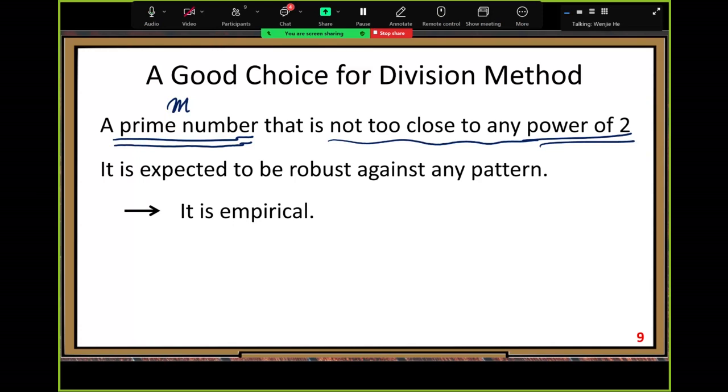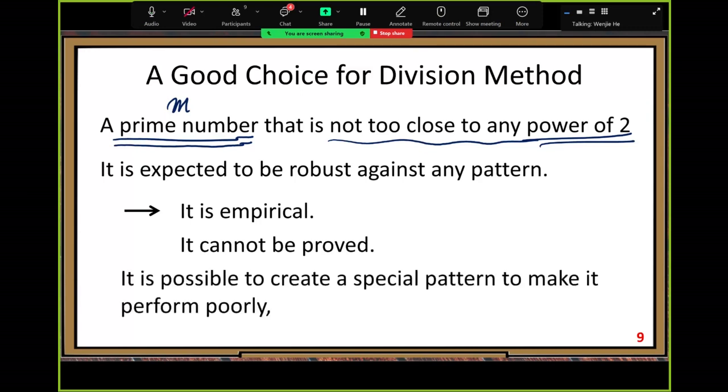The hard part is that it's very hard to prove how many patterns a hash function can break, so basically you just do experiments and see how well it performs. This part cannot be proved, so we rely on experiments to tell us if it's good or not.